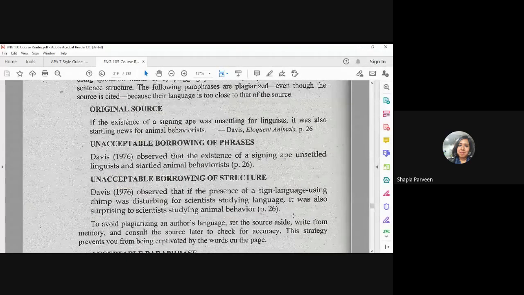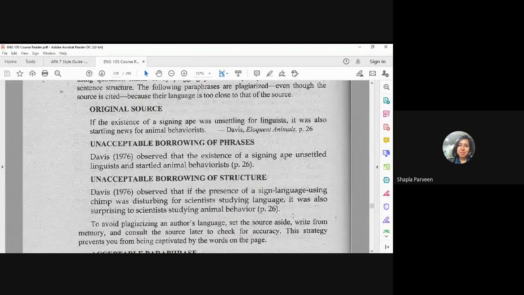I mean, do you see that the language has been changed? Yes, ma'am. So what are these? I mean, they have been replaced. So what do you call them? Rephrasing, or something like paraphrasing. But it is unacceptable. Still unacceptable.